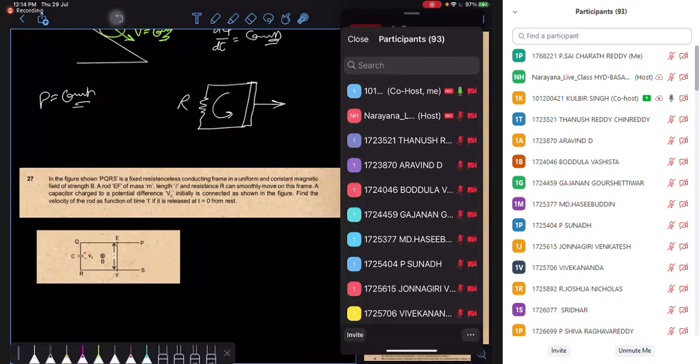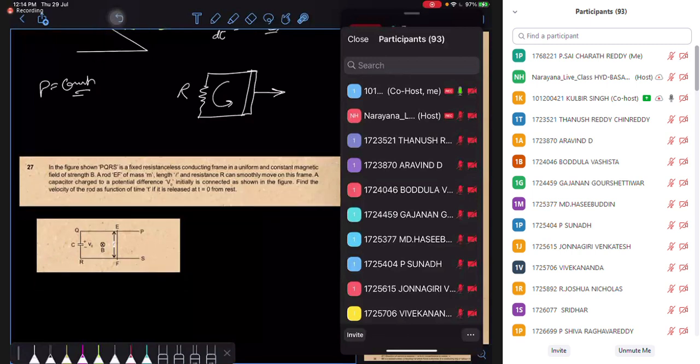Yes, try this one. It's almost like our previous problems, but the resistance has been replaced by a capacitor.